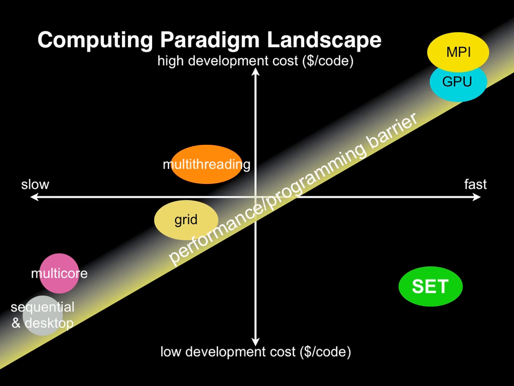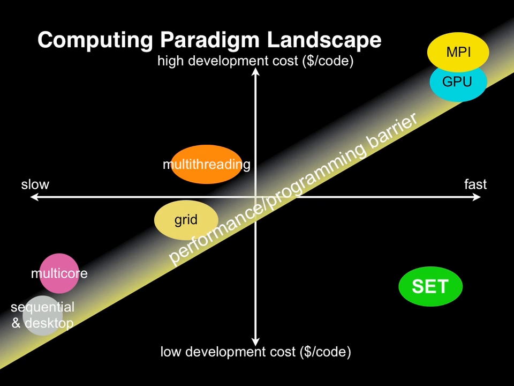GPU hardware can also achieve spectacular results, but GPUs are very finicky in how data flows in and out of GPUs, so its performance is fragile, which translates into a lot of trial and error and or expertise for the GPU software writer. The line from sequential to MPI and GPU defines the traditional performance programming barrier, a compromise between performance and the cost of code development.